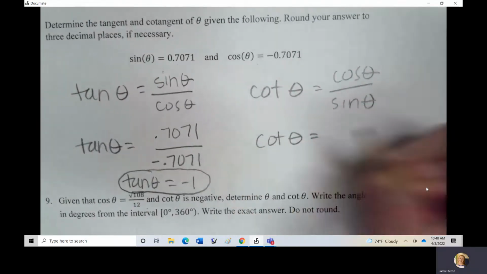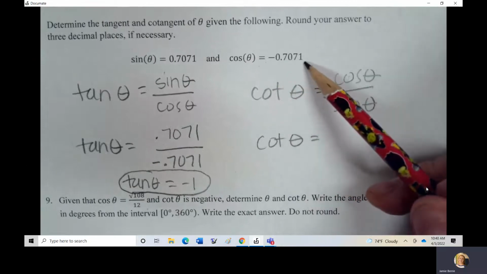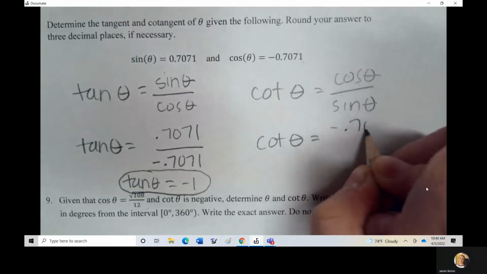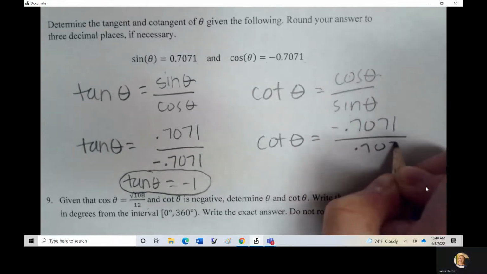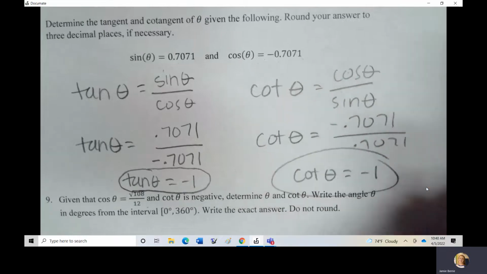Over here, cotangent theta, cosine theta over sine theta, so that's negative 0.7071 over 0.7071. So cotangent theta is also equal to -1.